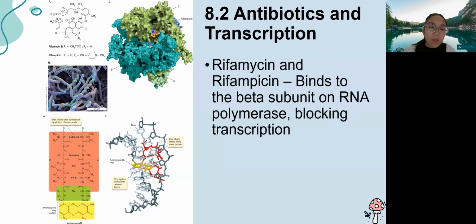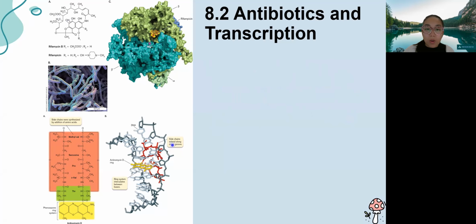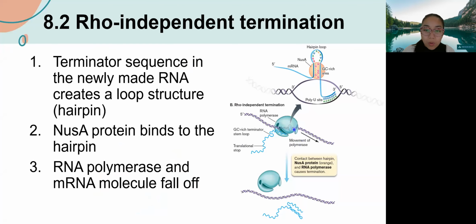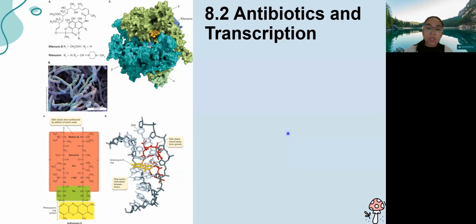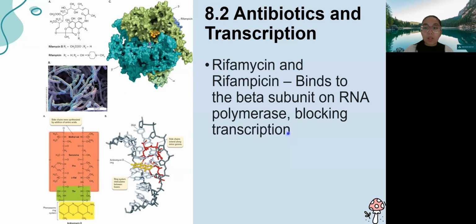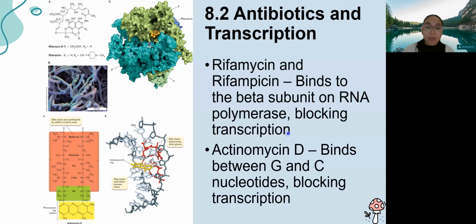Basically, rifampin binds here, and this is the exit point for the mRNA as it's being built. You know how the mRNA is being built and it comes out of the RNA polymerase this way. So it binds here and blocks the mRNA from coming out. And so this blocks transcription, and obviously the bacteria die.